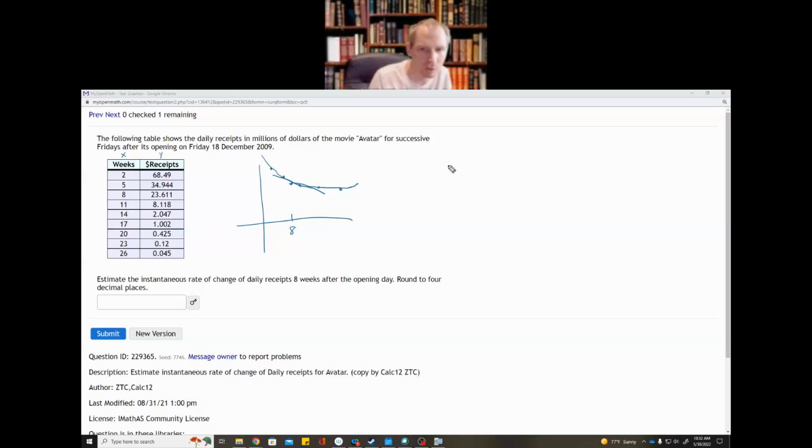So what I can do is I can say, all right, suppose here's 8, here's 5, here's 11, and I have these different values. One way that I can get the tangent line at this point is by looking at the secant line that connects 5 and 11, because those are the closest points I have on either side of 8. Okay, so I'm going to find the slope of the line that connects not 8 itself, but 5 and 11 together.